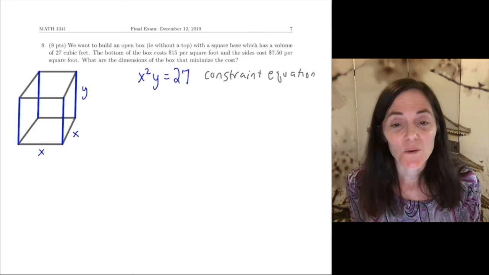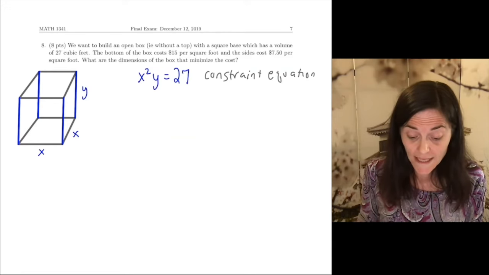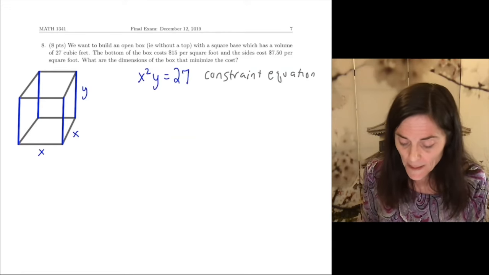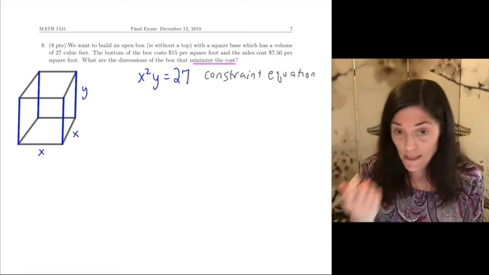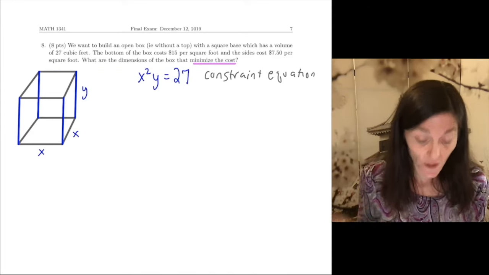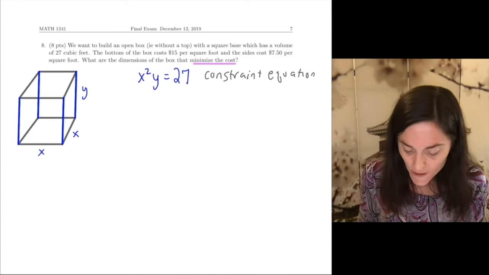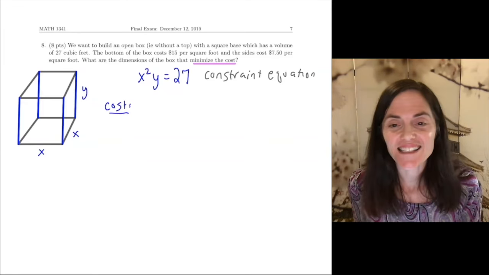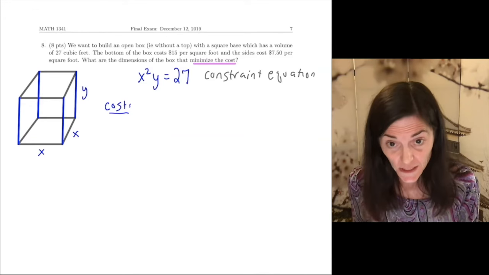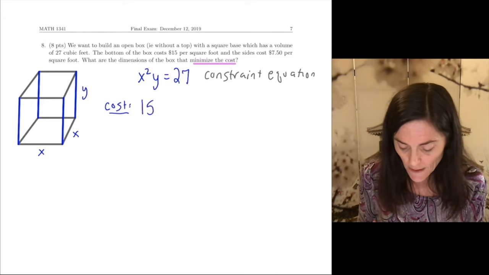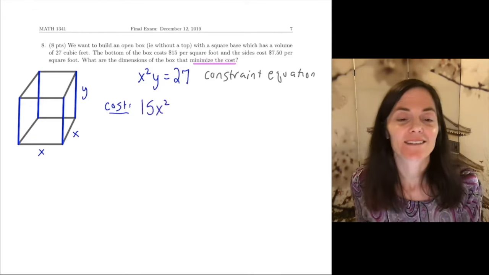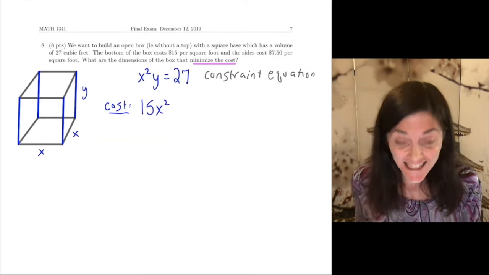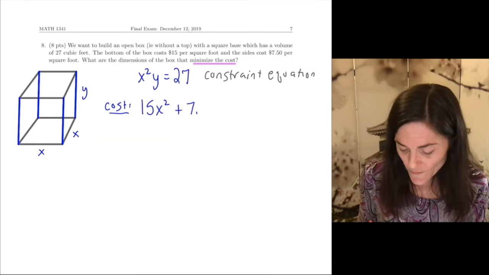Now, we have cost, and if we read the question, we want to minimize the cost. So what is the cost? Well, here's where we have to look also at our graph and understand there is no top. The cost, the bottom is $15 per square foot, and the bottom is x squared, the area. And the sides is $7.50 per square foot.